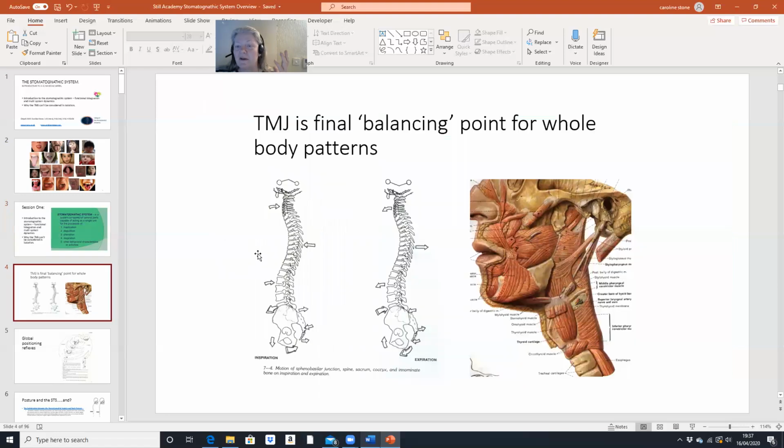And we set the scene by saying that the TMJ itself is involved in a whole proprioceptive dynamic, so that the Stomatognathic system, linking from that TMJ, is involved in global body balance.